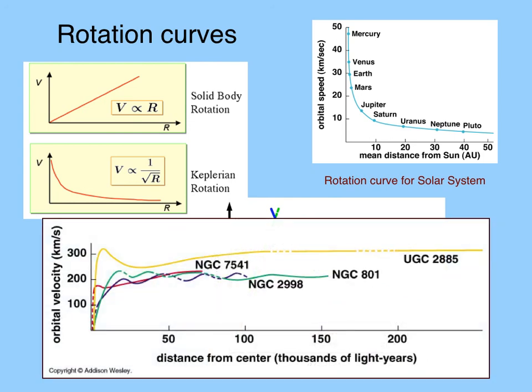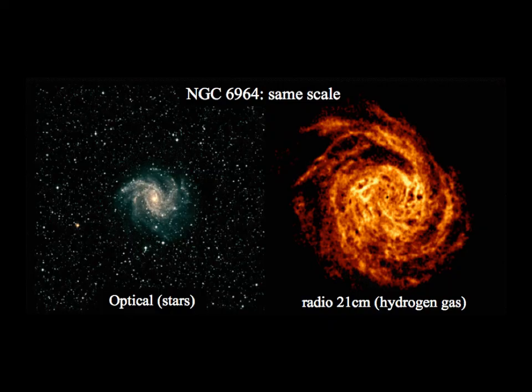But to measure rotation curves like this, we need to measure the mass within the radius r out to radii at least 5 times or greater than the effective radius. But the optical disk of galaxies is generally not this big, which means that we need the 21 centimeter HI data.